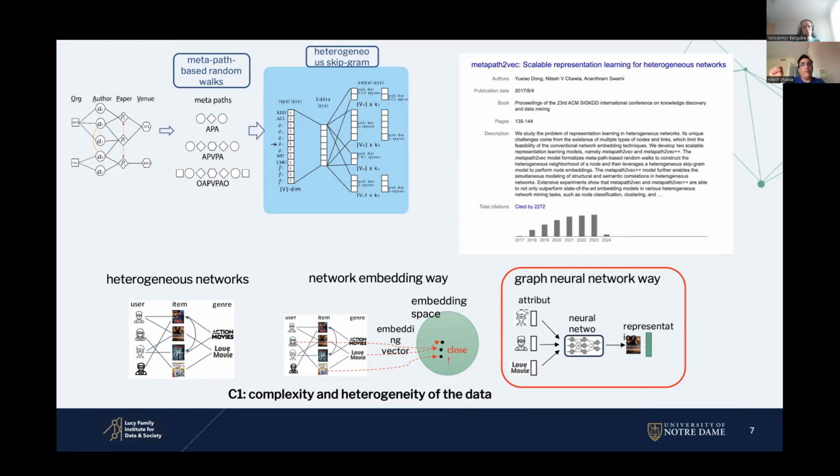Or we could say it takes the organization, author, paper, venue, paper, organization path. So you're constraining, and what you're saying is, hey, Mr. Random Walker, walk this path based on the prescription or the schema that I'm giving you. And we can prescribe a multitude of such metapaths.